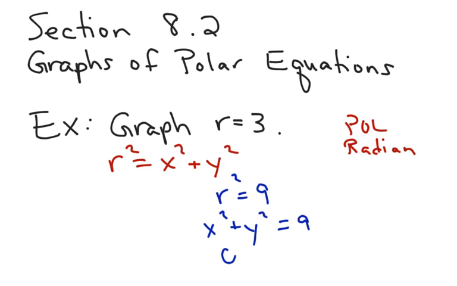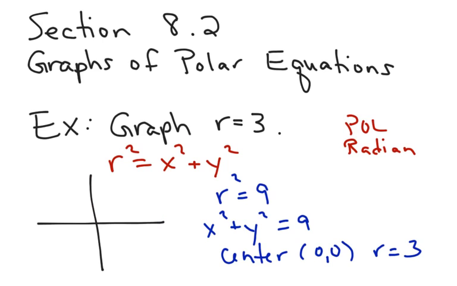So this would be a circle whose center is at 0, 0, and whose radius is 3. So the graph of this polar graph would look like this. And when you graph it on your calculator, that's just what it looks like.